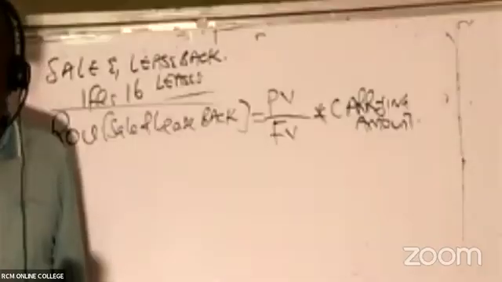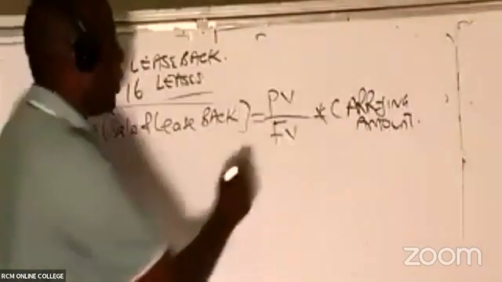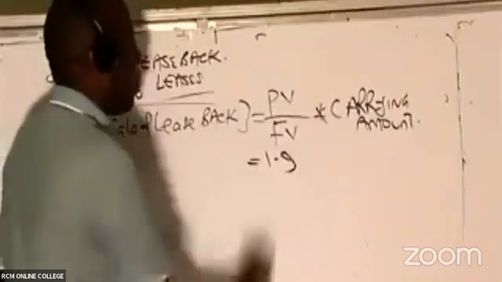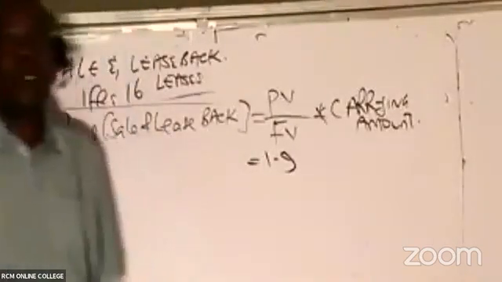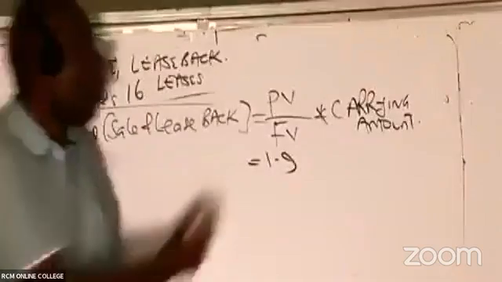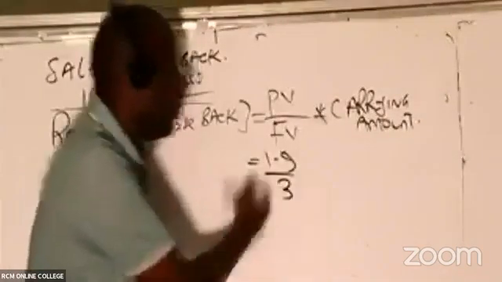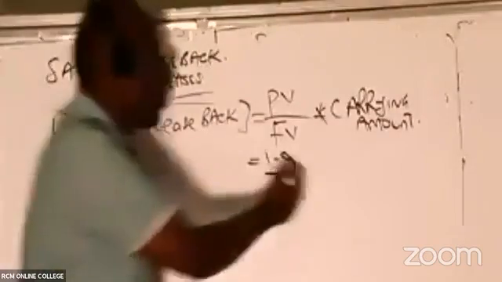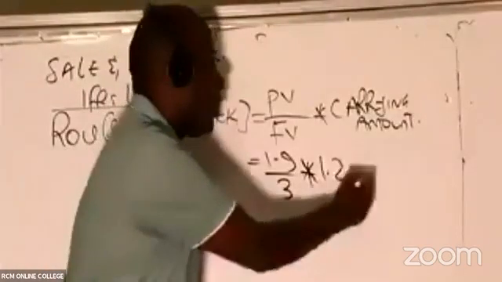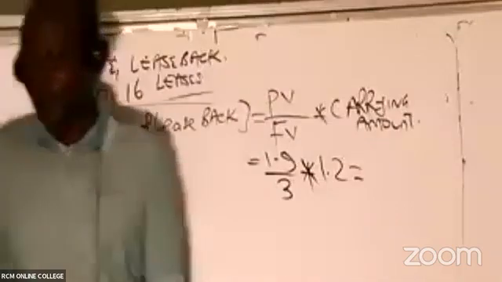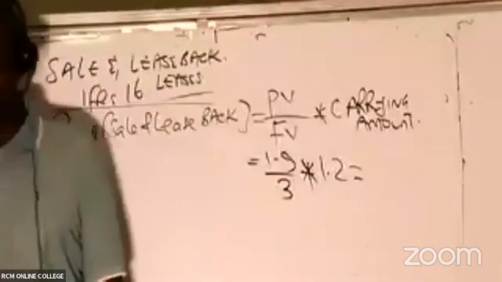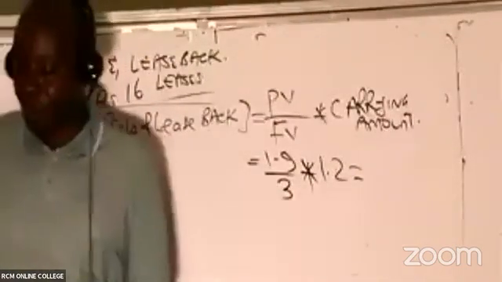Ladies and gentlemen, I'm interested in the present value. They have given me the present value as 1.9 million, over the fair value of 3 million. How about the carrying amount? They have given me 1.2 million. So I would need you to give me the right of use of this asset.